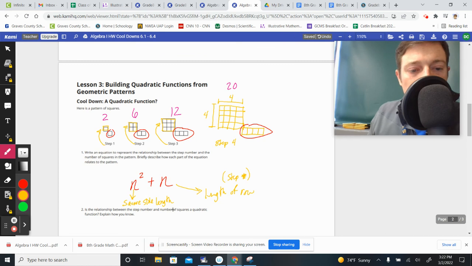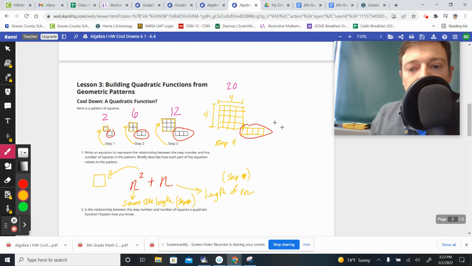So the square side length is n, which is also the step number. We're squaring it because it's a square, showing you the area that's inside the square. And we're adding into it because we're adding those individual number of blocks, whether it be 3, 4, 2, or 1, or whatever.